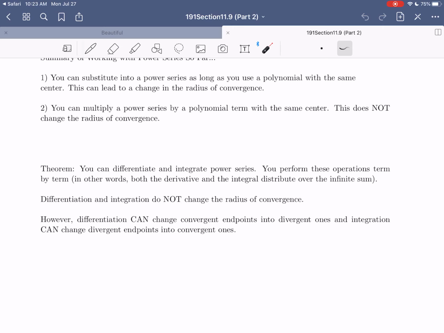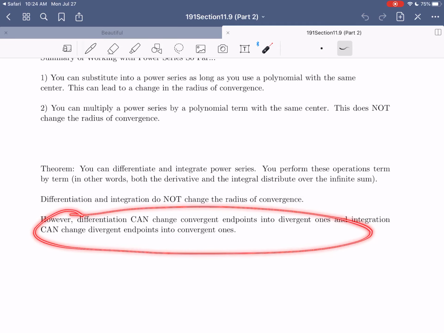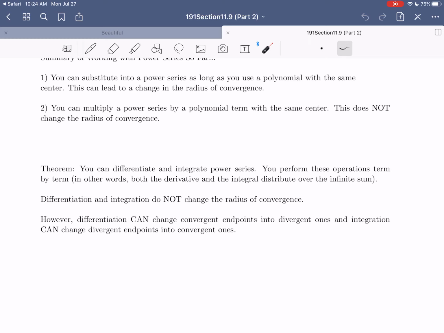So this is another manipulation similar to this guy up here that's not going to impact the radius of convergence. However, as we will talk about at the very end of this video, differentiation can impact the behavior at endpoints. Differentiation can actually change convergent endpoints into divergent ones, and integration can change divergent endpoints into convergent ones. So in other words, differentiation and integration will never impact the radius of convergence, but it can impact the interval of convergence.